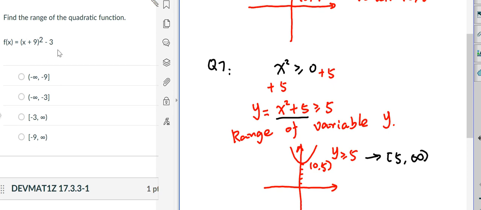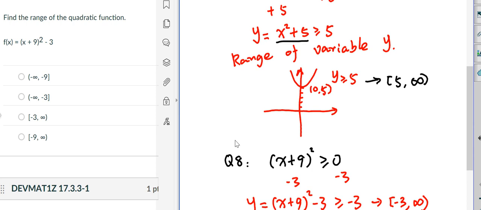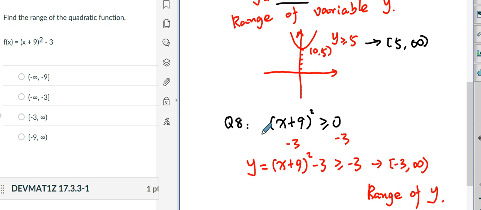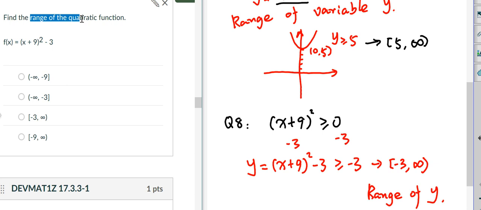So in this case, this is our choice, first one. Now, how about this one? This one, of course, the graph involves the horizontal shifting, but we are not really concerned about shifting. We are really concerned about the range of the quadratic function.